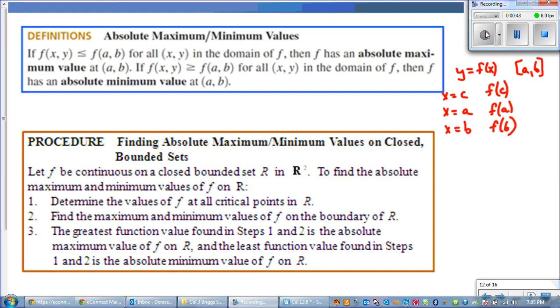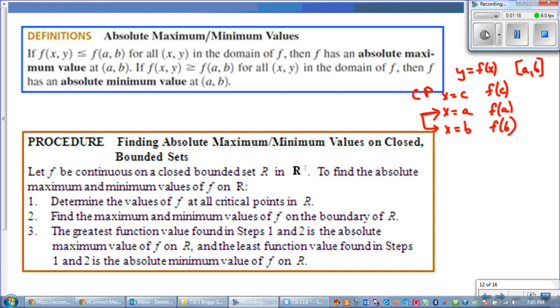So the largest y value of the critical points or the endpoints gave you the absolute maximum, and the x value that led to that absolute maximum was where it occurred. Likewise, the very smallest y value of those x values was the absolute minimum. So you get the absolute maximum and minimum by looking at critical points and the endpoints of the interval.